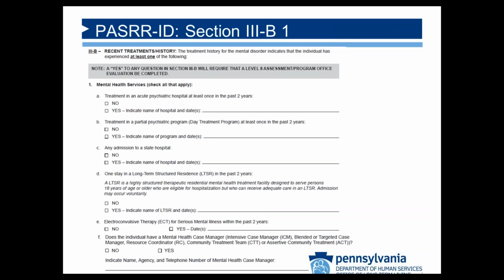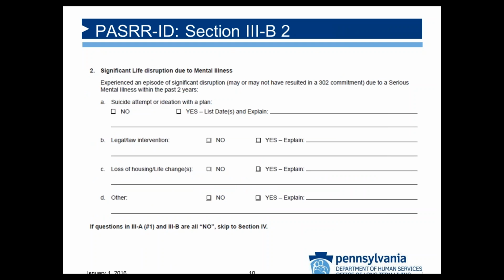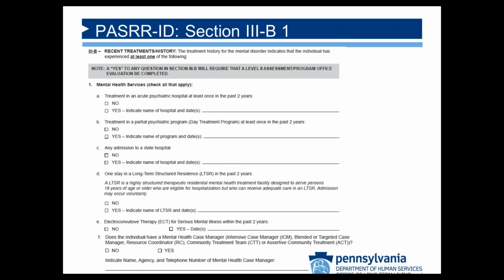Another way to meet the criteria is by having a yes marked somewhere here in 3B1 or 2. Okay, so significant life disruption, anywhere a yes, and anywhere over here in number 1, such as treatment for your psych problems, such as a hospitalization or a psych program, like a day treatment program, ECT, any admission to a state hospital.